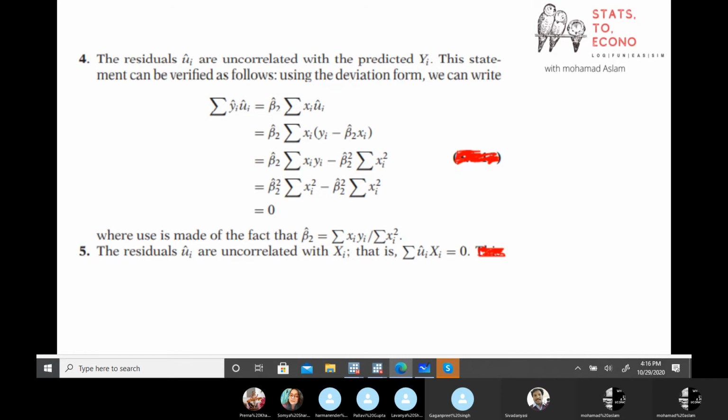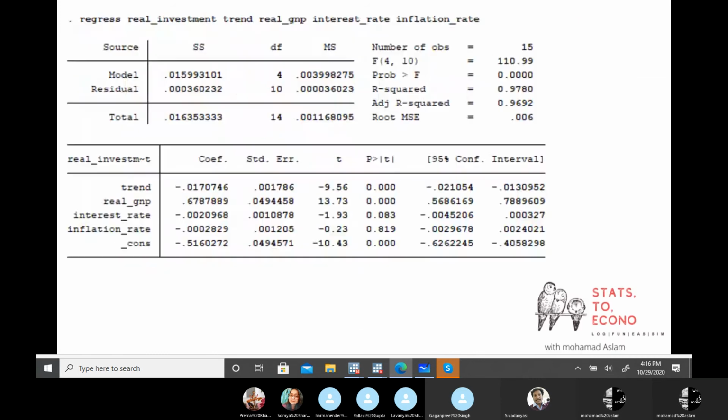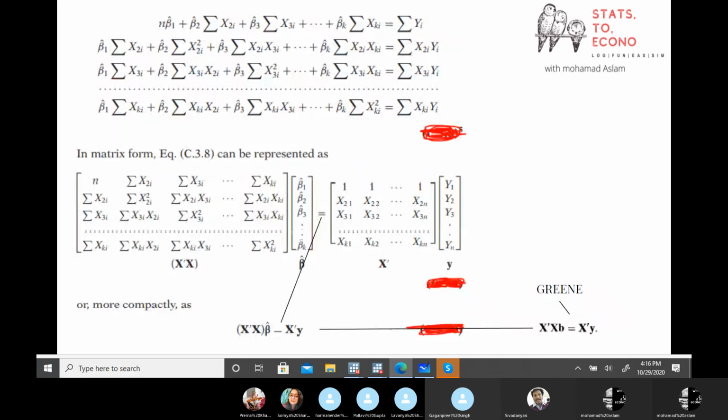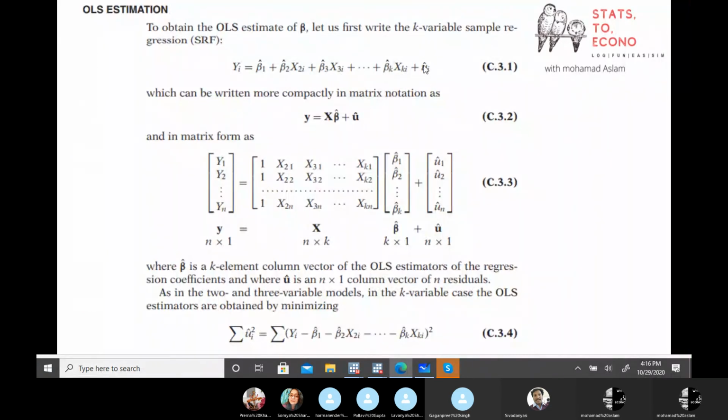Another property is that this residual is not correlated with the dependent variable, nor with the independent variable. It means these residual unknown factors have nothing to do with the dependent variable or the independent variable. Whatever values the residual has are due to some unknown factors. We take the estimated values y hat and subtract them from y; that's the residual term.